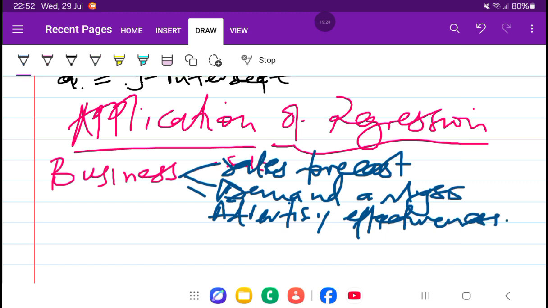You look at the money you are spending vis-a-vis the sales that you are getting, to know whether you are utilizing the money on the adverts well. Of course, we also have areas of economics.